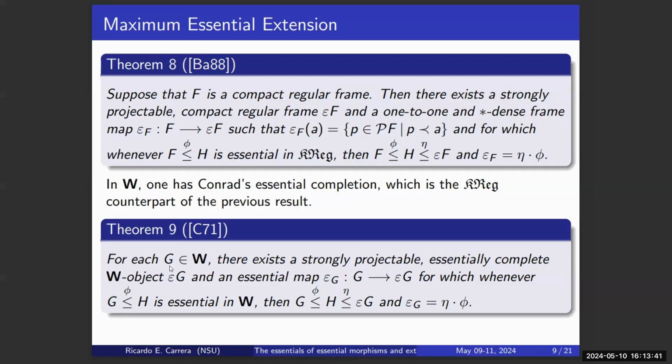And what that says is basically for every W object G, there exists a strongly projectable, and this one means that every polar is a summand in the group, essentially complete W object, EG, and an essential map, e_G from G to EG, such that whenever you have an essential extension, it embeds into the essential completion. And again, you also get this uniqueness provision, which is very useful.